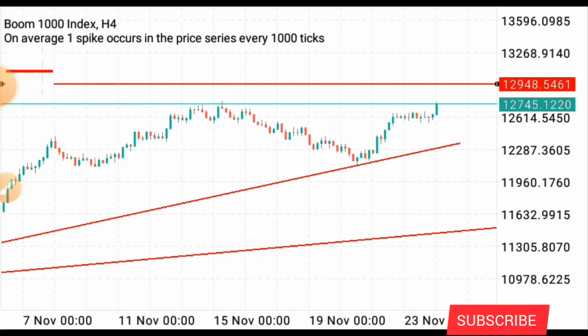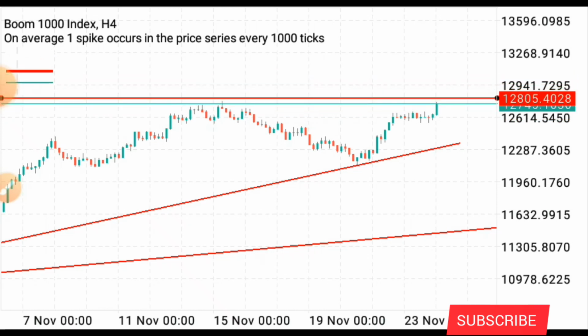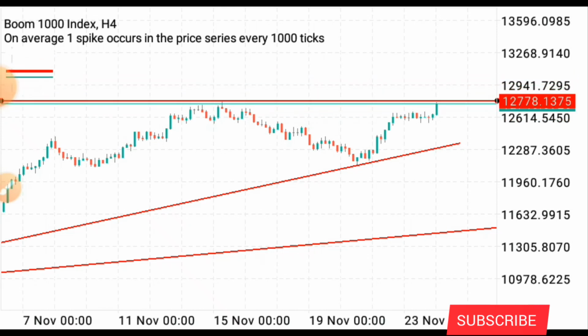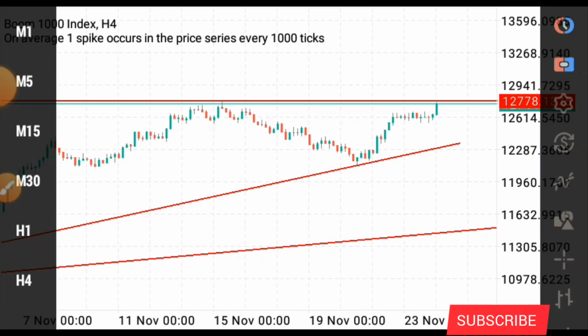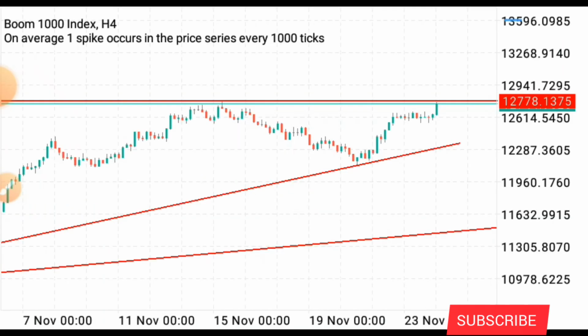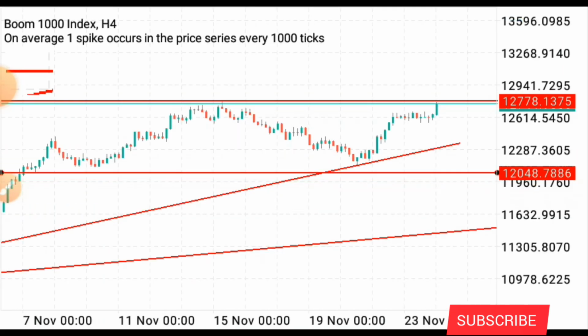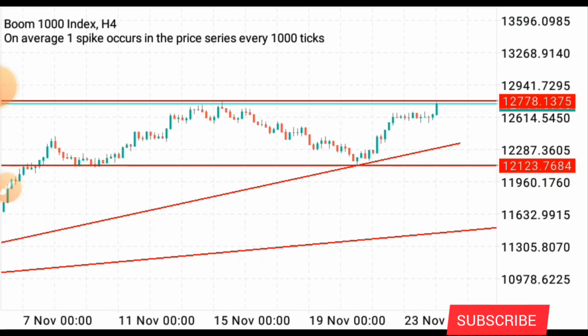So here, as you can see, there is a support and resistance zone right here, and also there is a support and resistance zone right here too, right? There is a support and resistance zone right here.